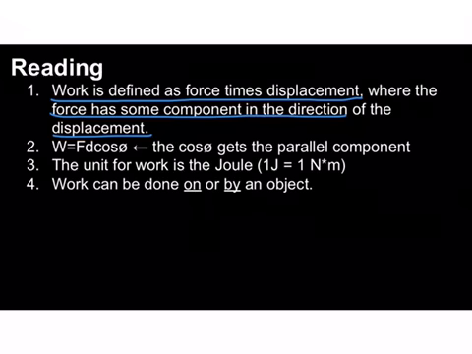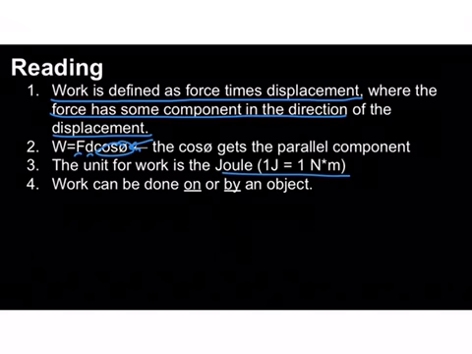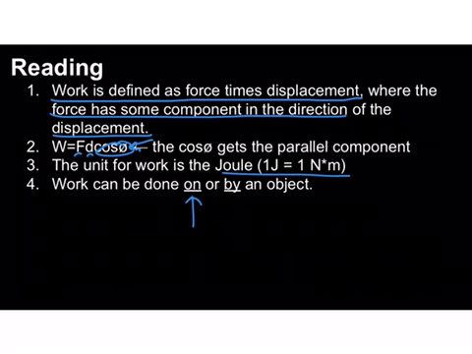Our equation for work is F d cosine theta, and we'll talk more about this cosine theta piece later, but the main idea is that it's the force times the displacement, and then the force needs to be in the same direction as the displacement. The unit for work is the joule, which is equal to 1 Newton times a meter, and we can talk about work being done on an object or work being done by an object.